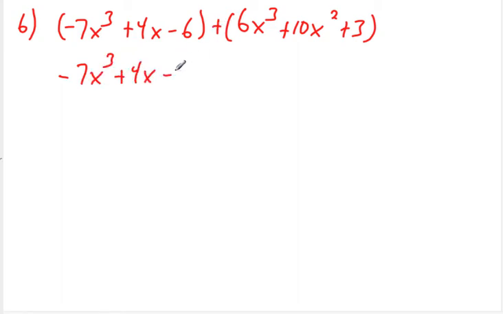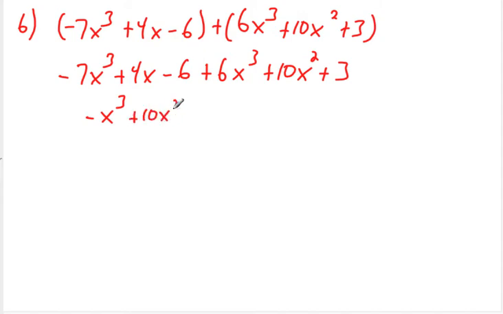So everything retains its original sign. Notice I'm not changing the sign of this second one here. So we have negative 7x cubed plus 6x cubed, so that's a negative x cubed. We have a 10x squared here. We have a plus 4x, that goes with nothing, and then a minus 6 and a plus 3. Alright, moving on to problem number 7.